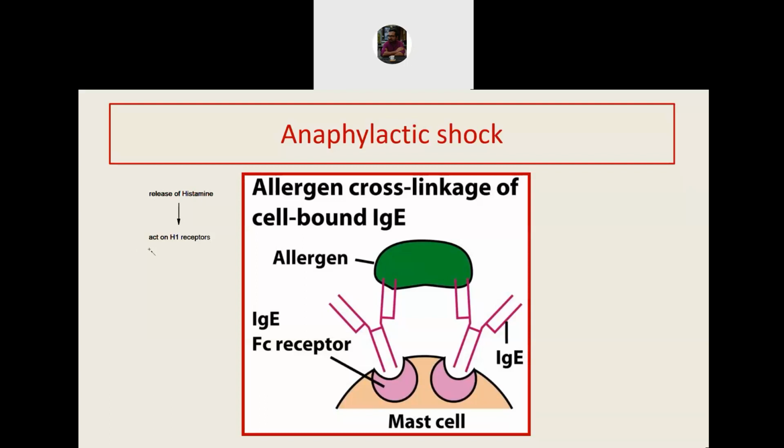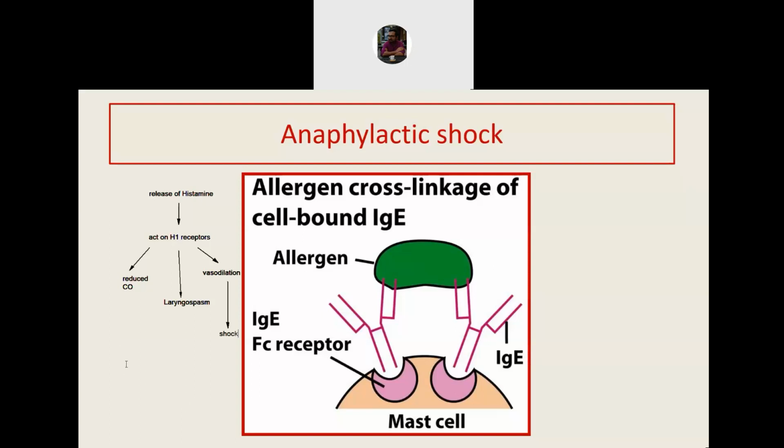By acting on the histamine receptors, they cause several effects. Most importantly, they cause reduced cardiac output, they cause laryngospasm, and they cause vasodilation. It is the excessive vasodilation that reduces blood pressure and ultimately causes shock. And the cause of death is usually laryngeal spasm.